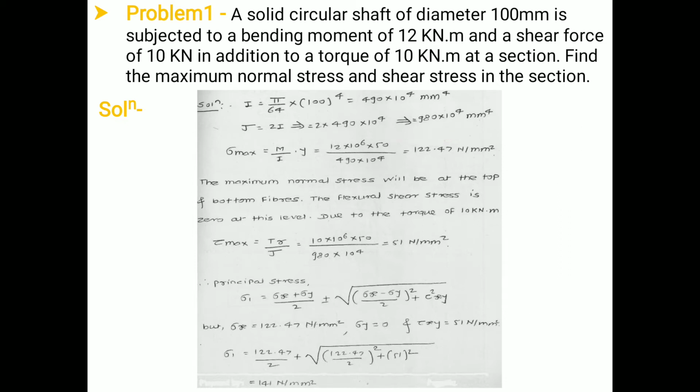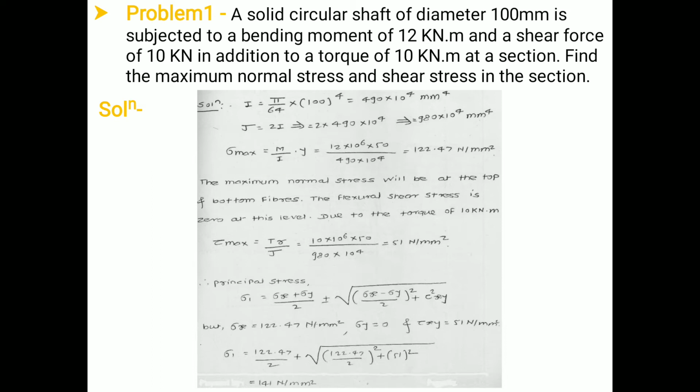In the numerical it is given that the shaft is subjected to a bending moment of 12 kilonewton meter. From that bending moment we are going to find out the value of maximum bending stress, and it can be given by sigma maximum equal to M upon I into y. It is the bending stress formula or the flexural formula.